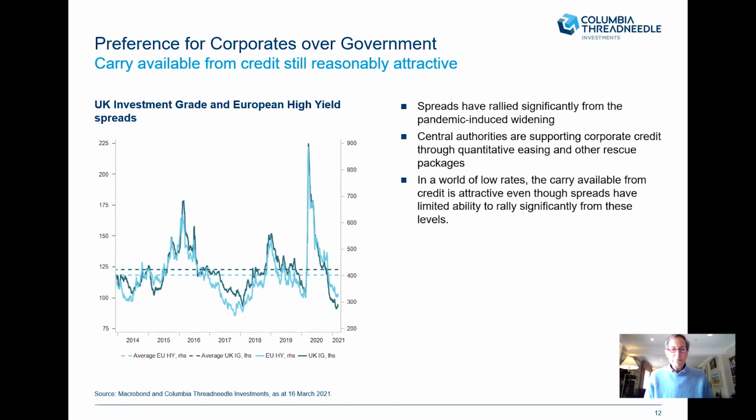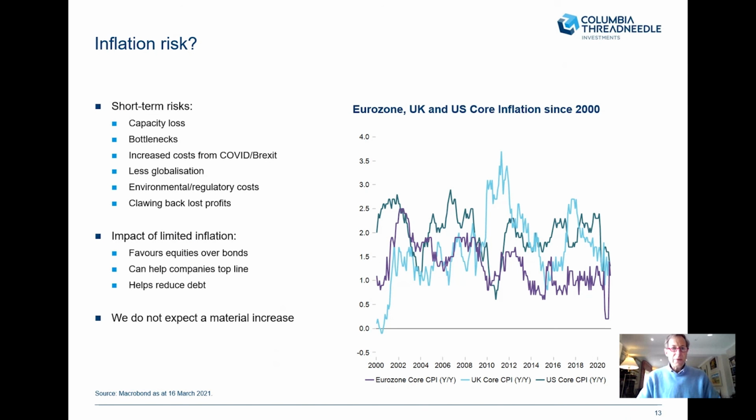And I did say I'd mention a bit more on inflation, and on the next slide, we've got a look at inflation. Clearly, as I said, people are worried that with economies growing again, will inflation jump back up?